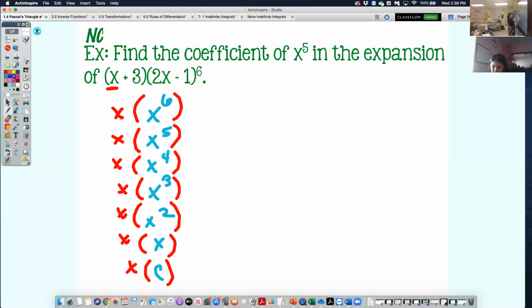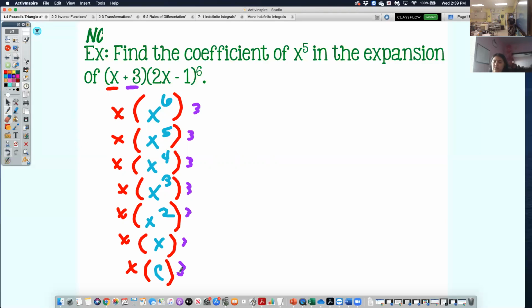And every single one of these is going to get multiplied by 3. Which one of these terms is going to give me, and I did them in different colors because remember it's going to be 2 lines. Which one of these is going to give me an x to the 5th when I multiply the expansion by an x?